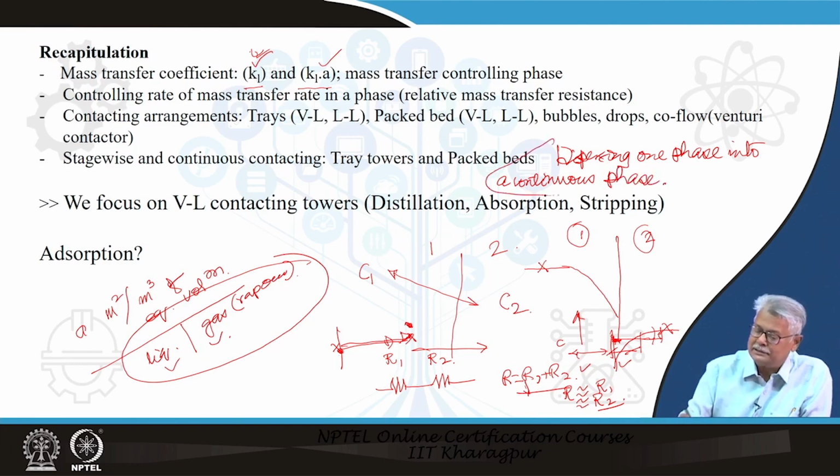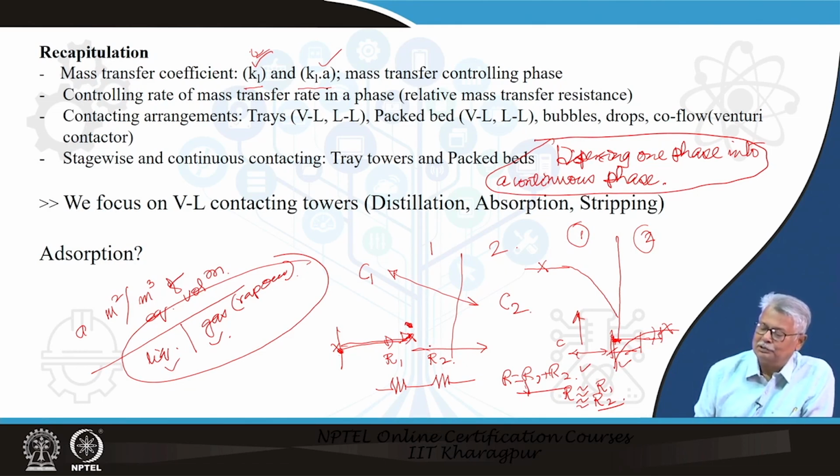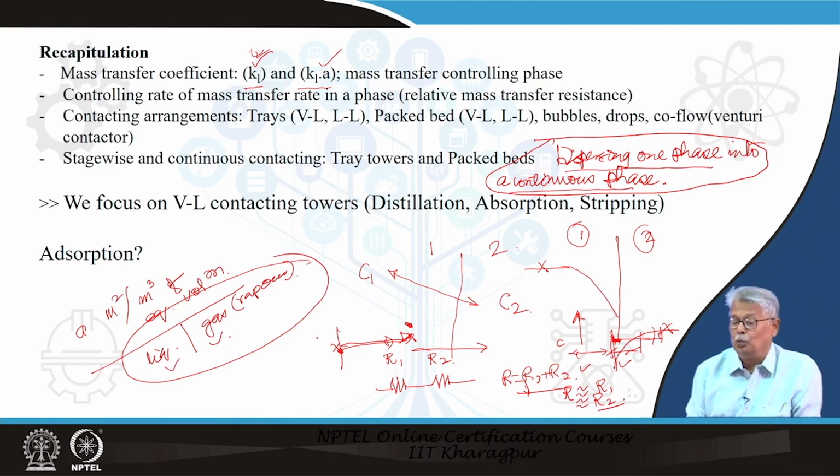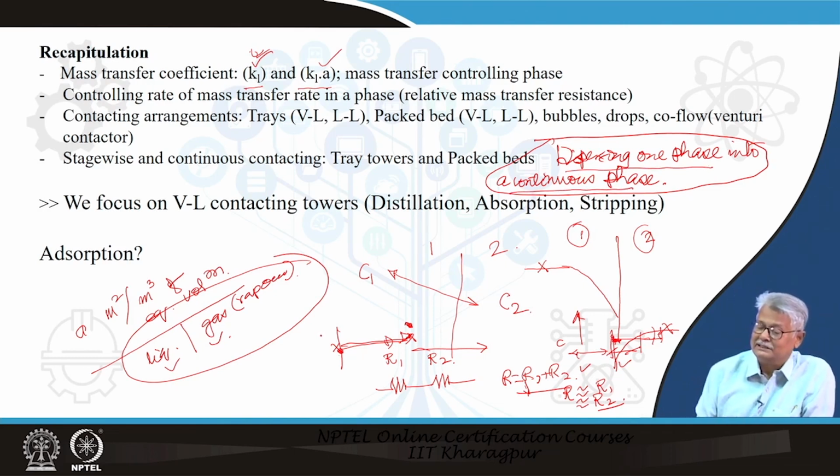So, any mass transfer equipment that we talk about, interface mass transfer equipment, will definitely involve a good amount of agitation, and it will also try to enhance the mass transfer by dispersing one phase into a continuous phase. Now, depending on which phase offers the higher resistance, you decide the phase to be dispersed.